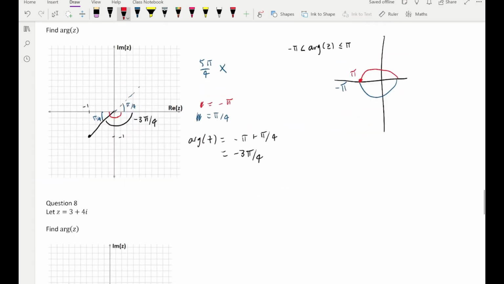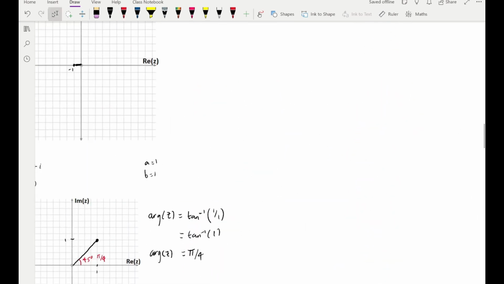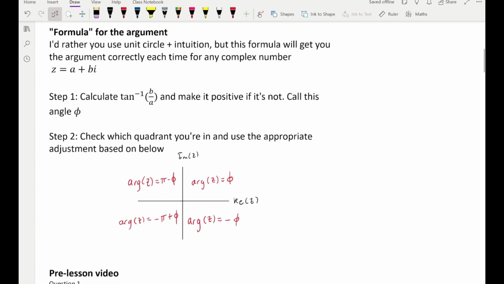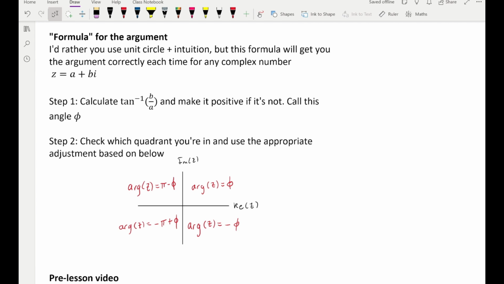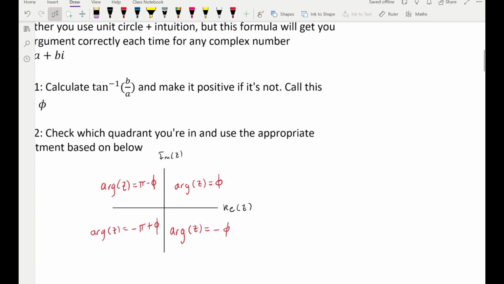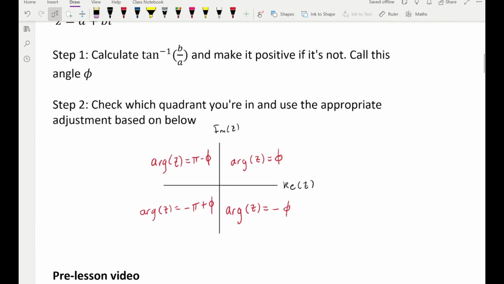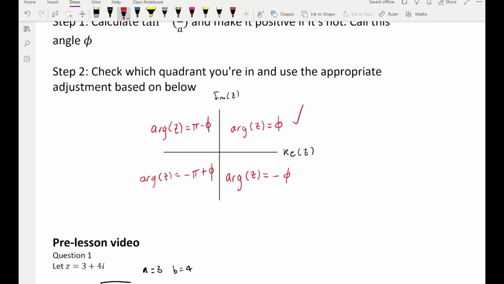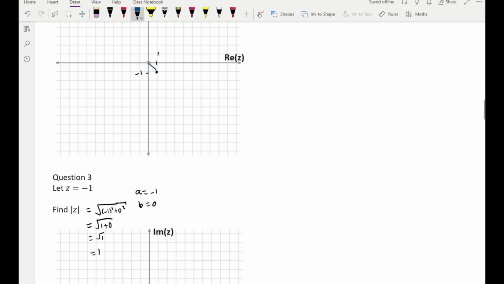All right, great. Now, if you're really freaking out about this stuff, I do have an explicit formula. I'd prefer it if you didn't use this, but look, it's there if you need it. So what we were basically doing there is we were calculating this number, which I've called phi, and you get that from inverse tanning. In our case, phi was pi over 4 for those last 4 questions we did. So if it's up here, you just keep that number, you're all good. If it's down here, you make that number negative, which I believe we did.